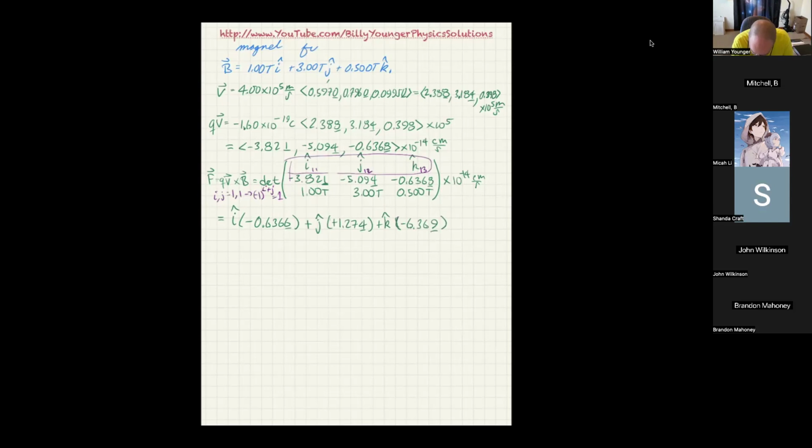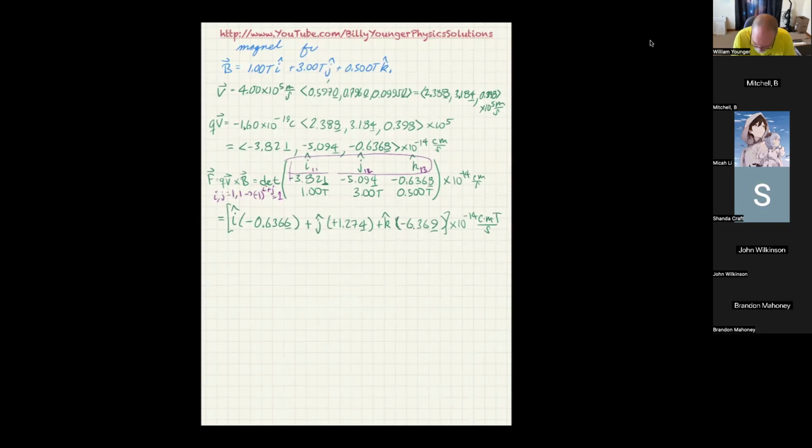And all of this, of course, remember each of these numbers had not only the velocity as one of the multipliers, but also the magnetic field. So the whole thing is going to be times 10 to the negative 14th coulombs, meters, Tesla per second, because coulomb meters per second is what the middle row would be, and the Tesla is what the third row would be.